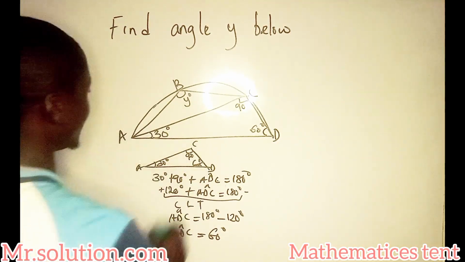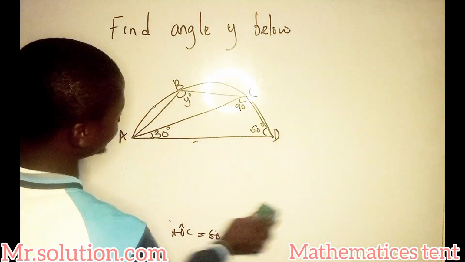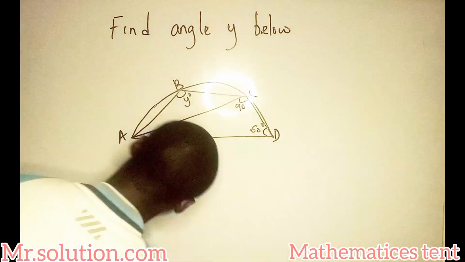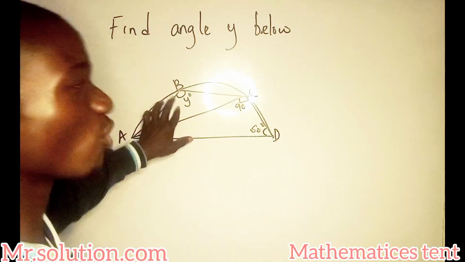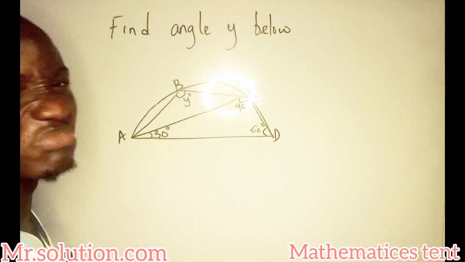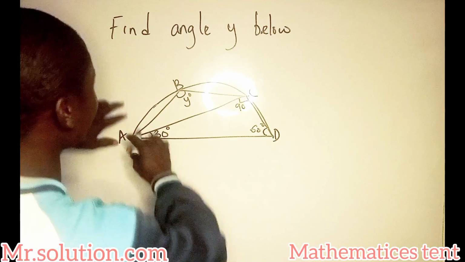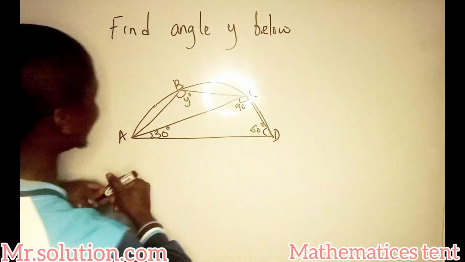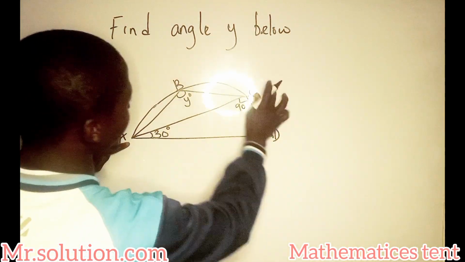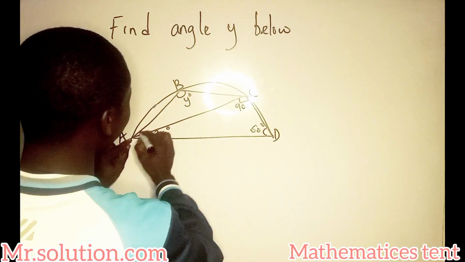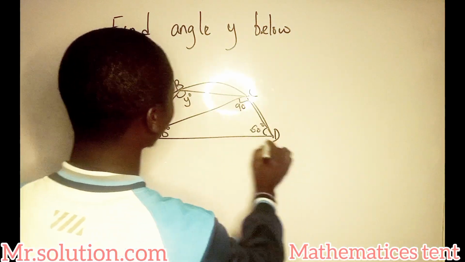Now we have gotten our angle D. Now what do we do next? We are going to find our angle y. To find angle y is very simple. Do you know why? This is a semicircle, and this A, B, C, D is a quadrilateral.